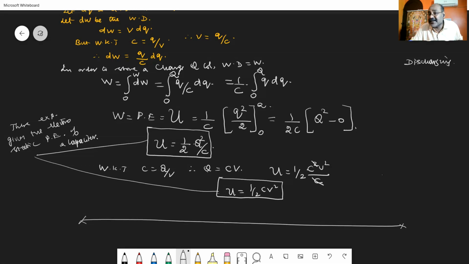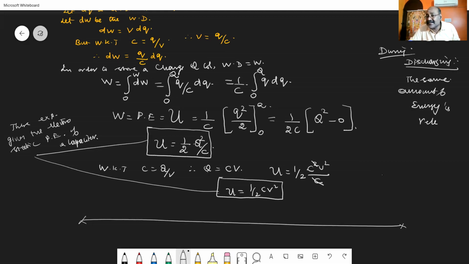What do you mean by discharging? Discharging means the charges stored in the capacitor are given out. If the charges are leaked out or taken out from the capacitor, the same amount of energy is released. So during discharge, the same amount of energy is released.